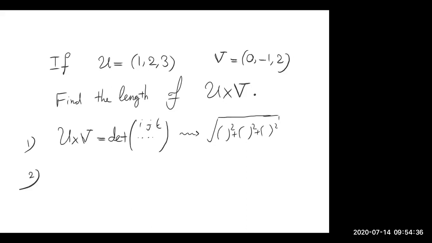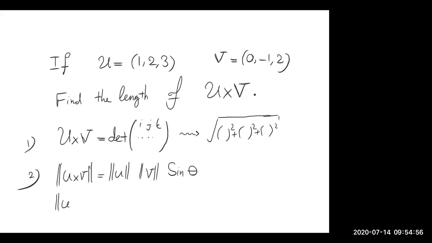But there is another way. This other way says the length of u cross v is equal to length of u, length of v, times sine of the angle between them, right? So what is the length of u?